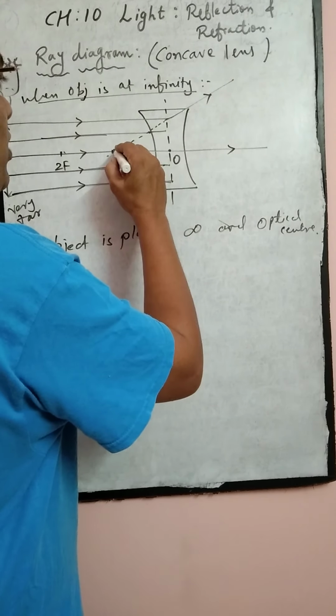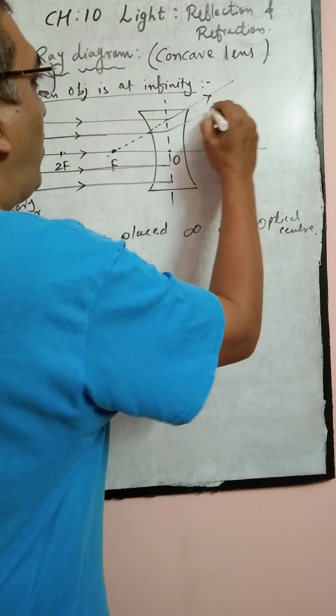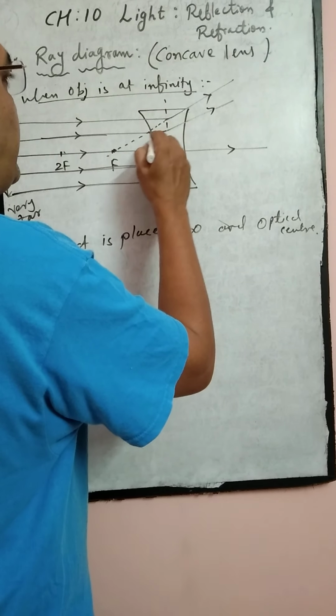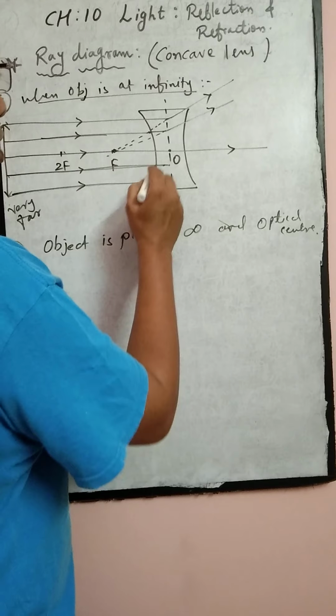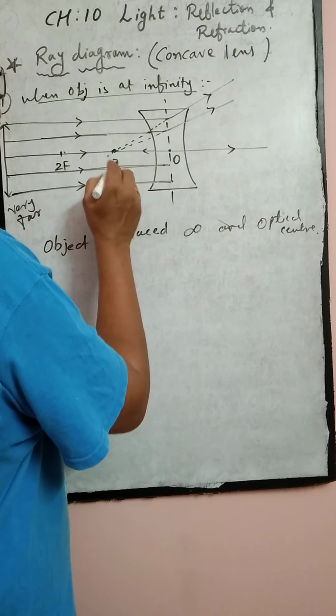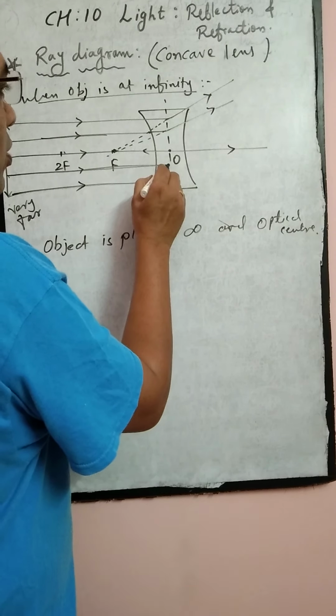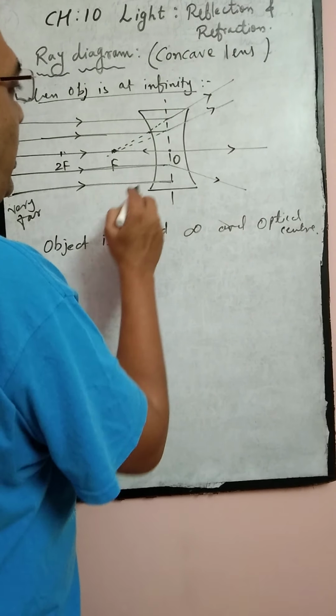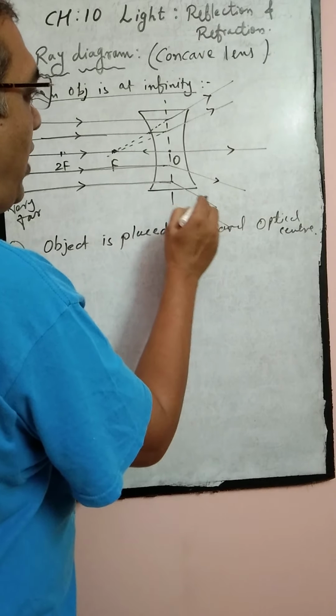Like that, here this will diverge in this manner, but when you extend the ray, it will meet at the focus point. This also will meet at the focus point. Here also you can think of the rays which are diverged in this manner.